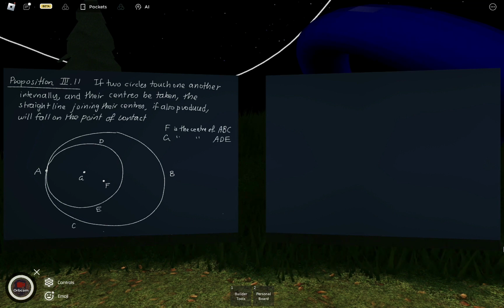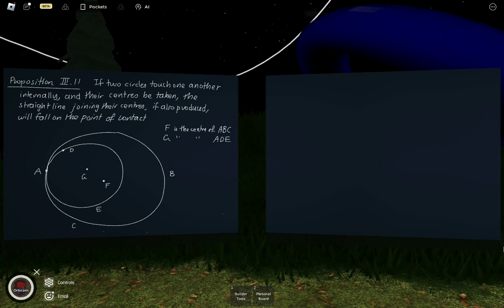I'm going to have to change my mind about the position of D. Make this somewhat sane looking. Well, make it a little bit less sane. Of course, the contradiction is the fact that I can't draw the picture, right? So G is the center of ADE.